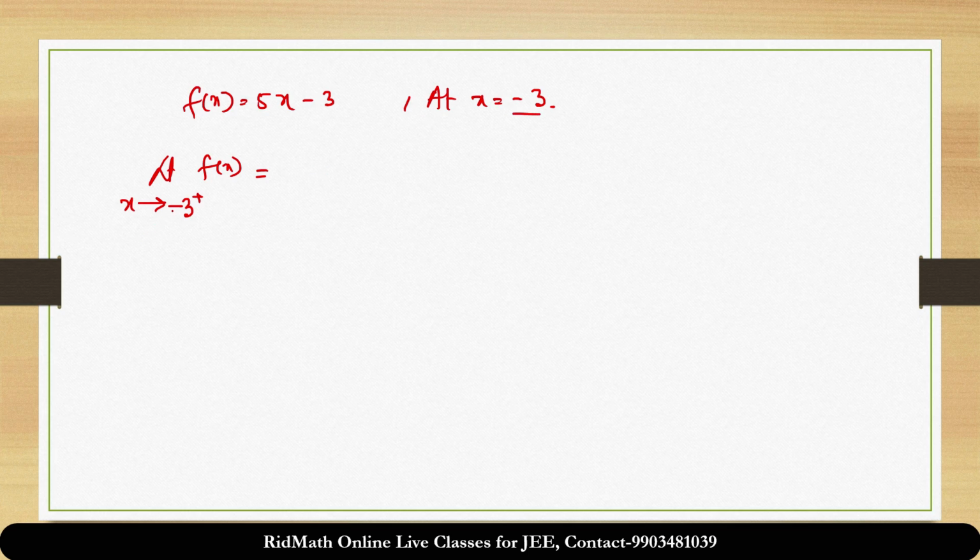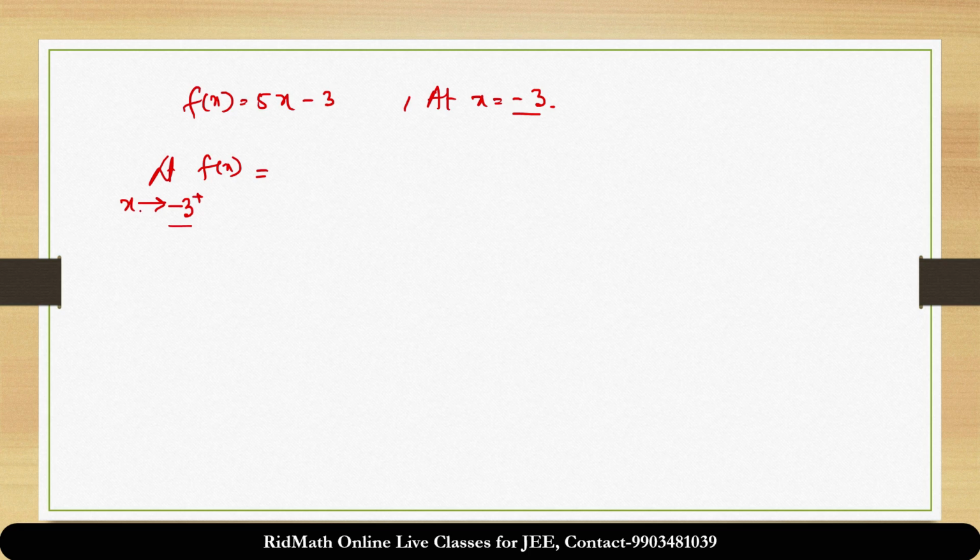So we have f(x) is 5x minus 3. Now we have to check at x equal to minus 3. So again we will check limit x tends to minus 3 plus f(x). Observe that this x is minus 3, and we are approaching minus 3 from the right-hand side.